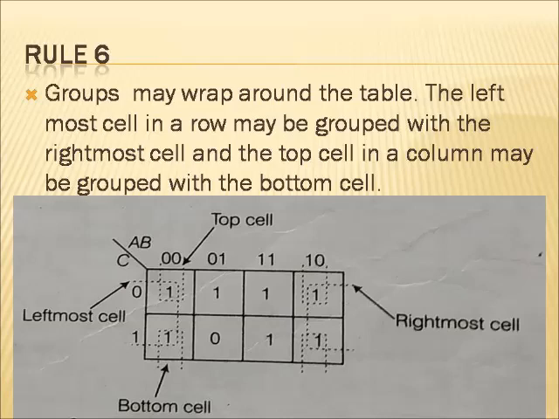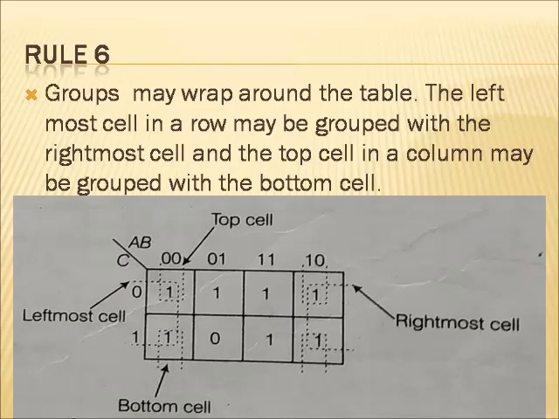And again here in this diagram you can see that there are 2 groups. 2 groups means 2 quads. 1 quad joining the leftmost cells and the rightmost cells.